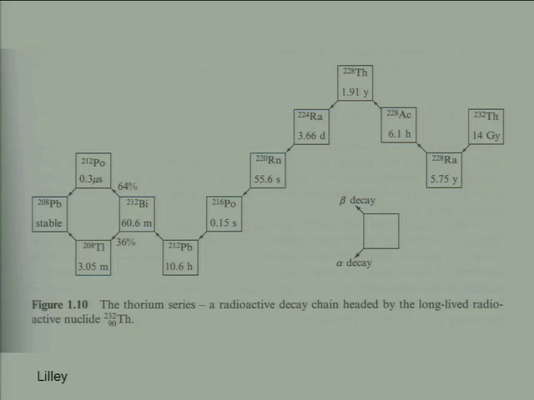Alpha decays to radium-228, which has a 5.75-year half-life. And by half-life, I mean the time it requires for half of the nuclei initially present to decay. So for the thorium, it takes 14 billion years for half of them to decay. For the radium-228, it only takes 5.75 years. So the radium, it turns out, beta decays, and that's why the arrow's going in that direction here. So it beta decays into actinium-228, which has a 6.1 hour half-life.